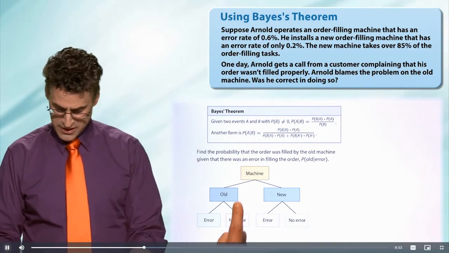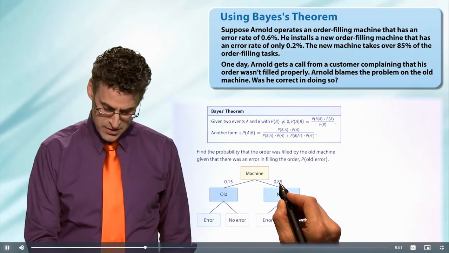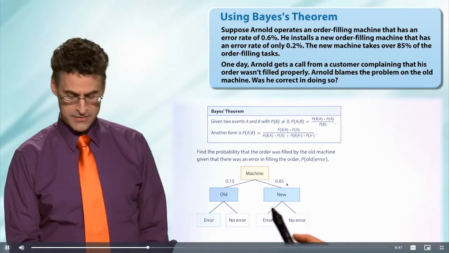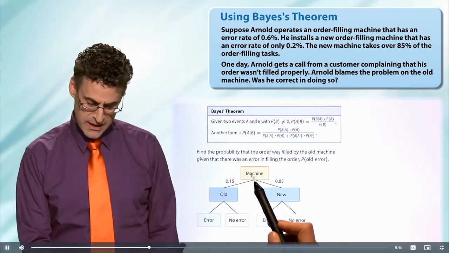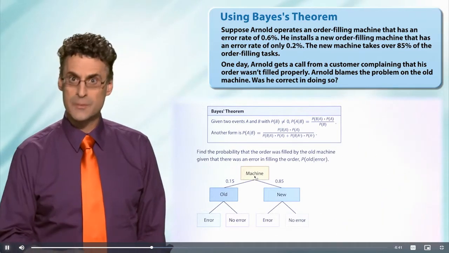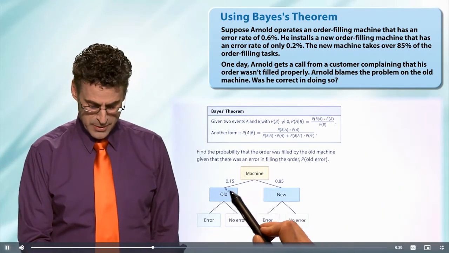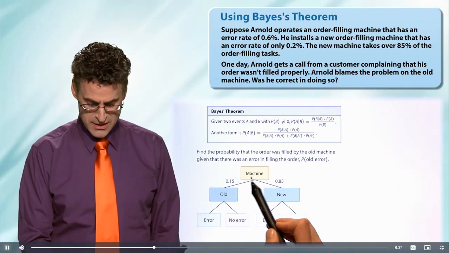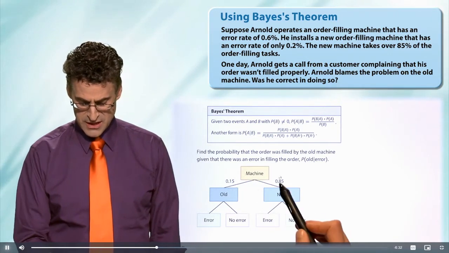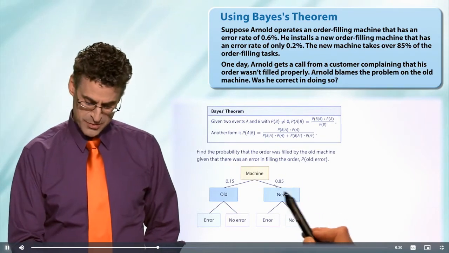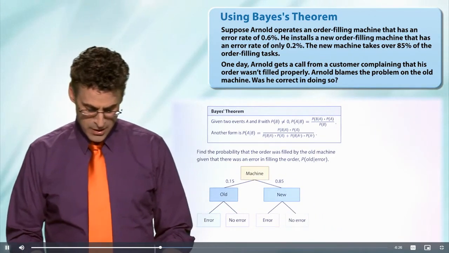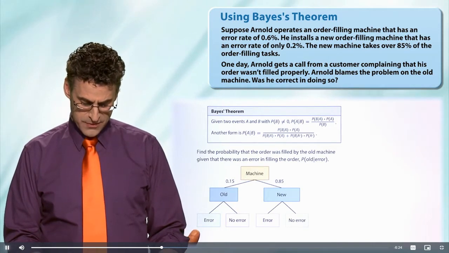If I write those as decimals, I could put in 0.15 and 0.85, meaning that the probability of going to the old machine is 0.15. The probability of having it be the new machine is 0.85 because 85% of the time we're using the new machine.